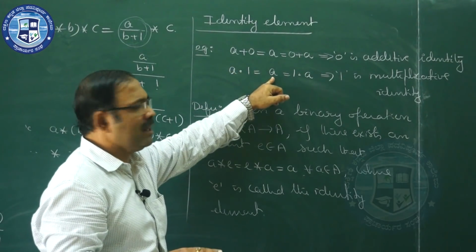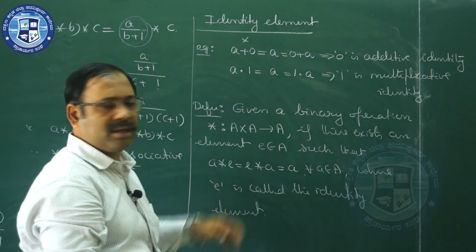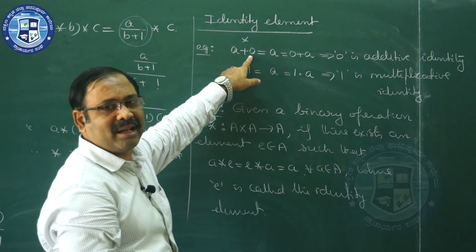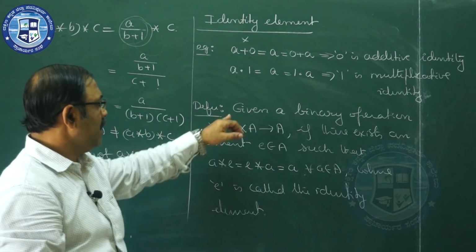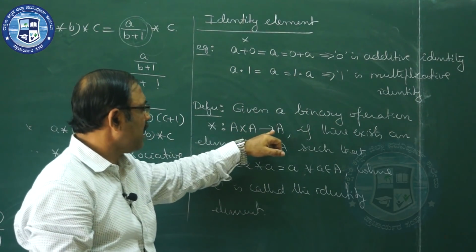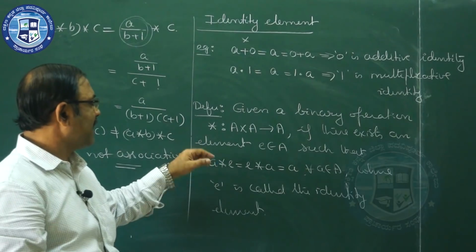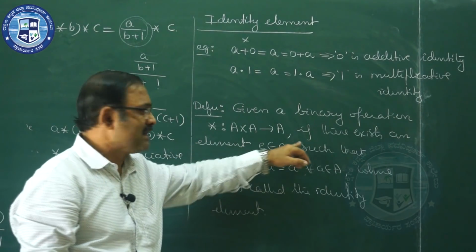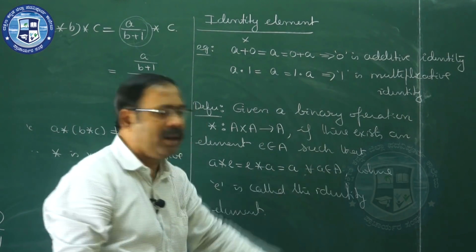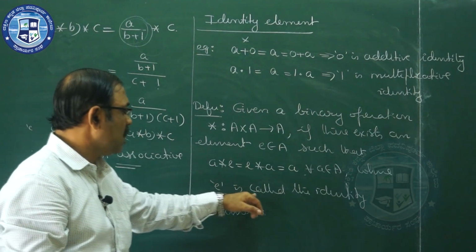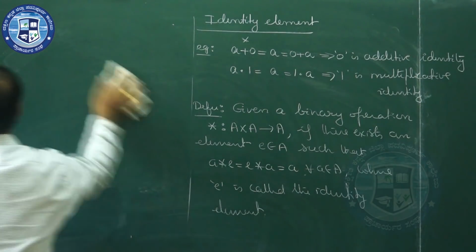Now I am replacing this operation in general by star, and the identity element in general is taken as E. Then A star E is equal to A. So for this binary operation star from A cross A to A, if there exists an element E belonging to A such that A star E equal to E star A equal to A for all A belonging to A, then E is called the identity element.